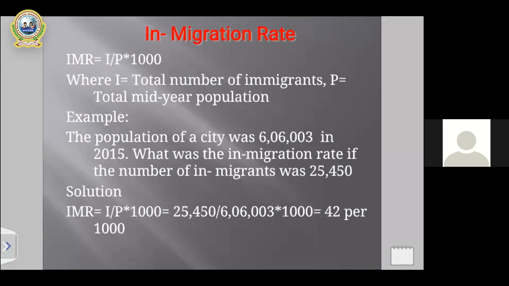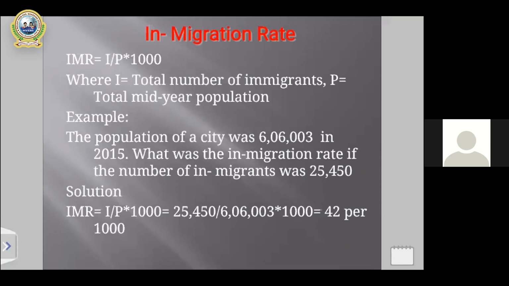It was 25,450, divided by P, the total population. What's the total population of the city? It was 6,06,003 multiplied by 1000.